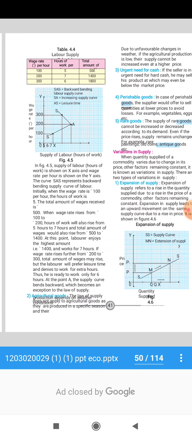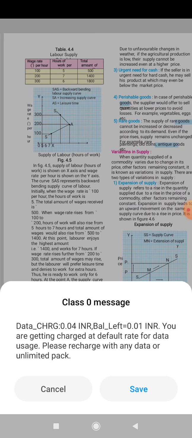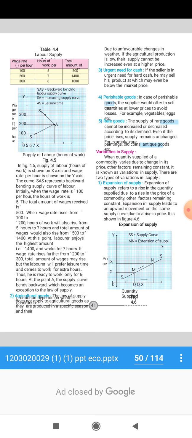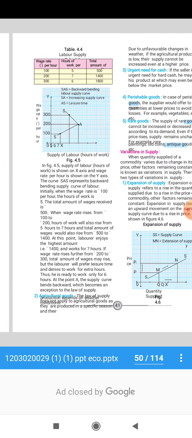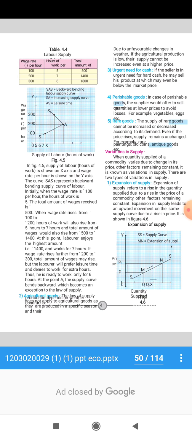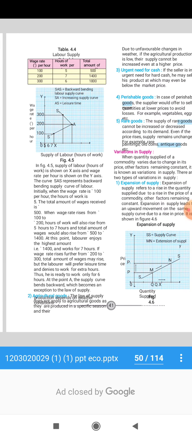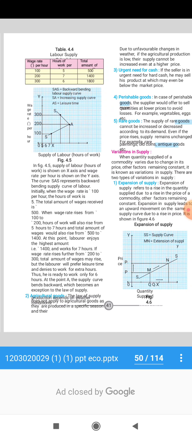Variation in supply is a new concept for us, but variation in demand is not new for us. We already studied it in topic number 3. The basic difference between demand and supply: demand has an inverse relationship with price and supply has a direct relationship with price.